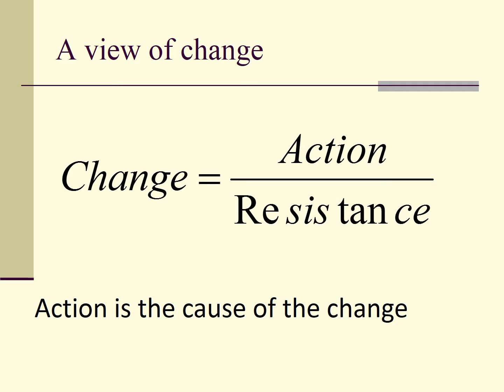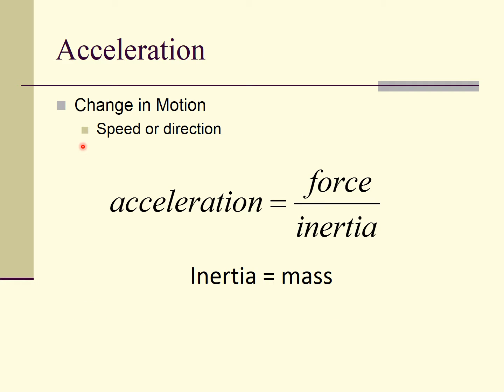In our case, we're going to apply our change model to the concept of acceleration. Acceleration is a change in motion. That change can be a change in speed, or a change in direction. The acceleration is proportional to the force that caused it, and inversely proportional to the resistance to that change, the inertia.